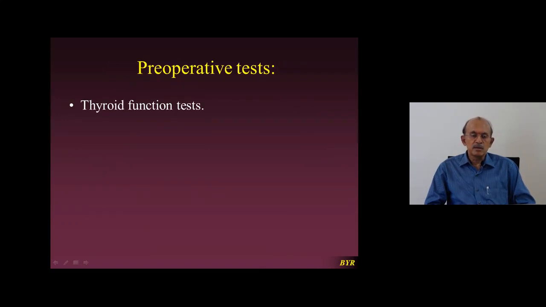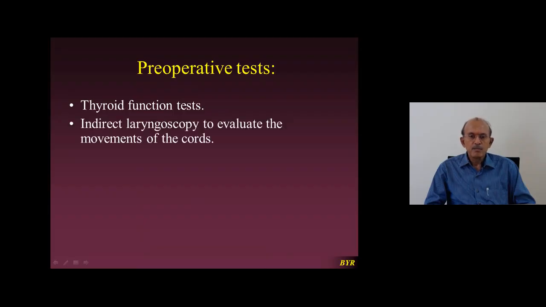Before surgery, you do a thyroid function test to check that the thyroid hormones are under control. You do indirect laryngoscopy to evaluate the movements of the cords. This is for a legal point, because there are very many legal cases in the world demanding compensation. Patients undergo thyroidectomy, and later they file a suit telling that their vocal cord on one side is not moving.